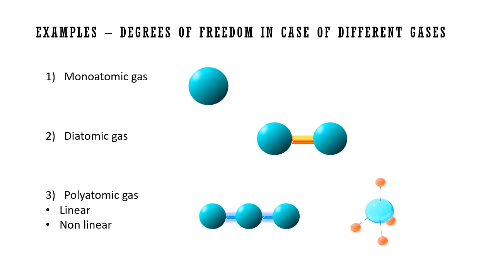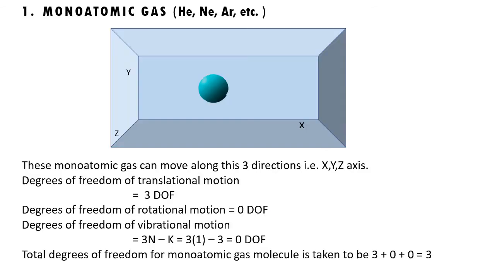Now, let us take the example of all three types of gases and let us find out the degrees of freedom in each case. So the first one, that is the monoatomic gas: He, helium, neon, argon, etc. Consider monoatomic gas.